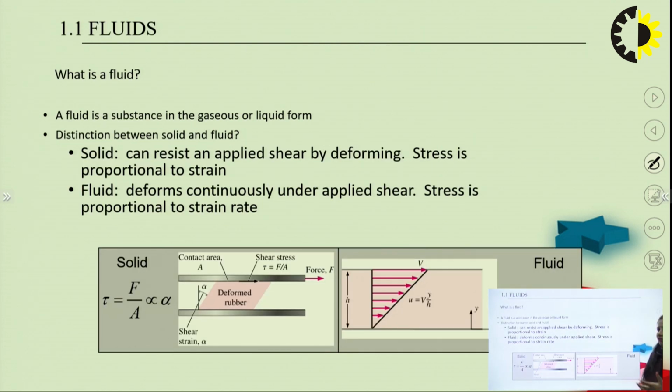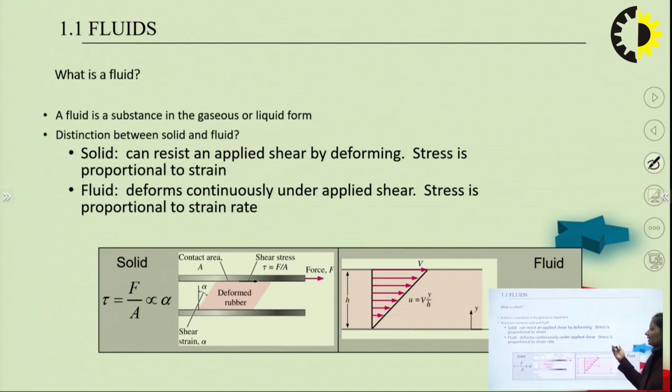fluid differs from solid. And now we are going to understand, when the fluid is in gaseous or liquid form, how the shear stress distribution and the viscosity are going to differ. See, viscosity is also a very important property of fluid. We will discuss it further.